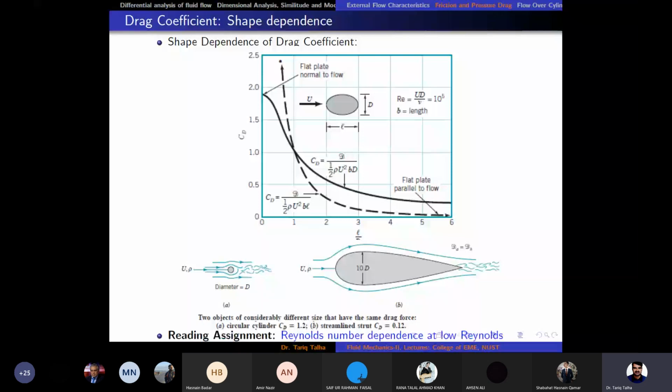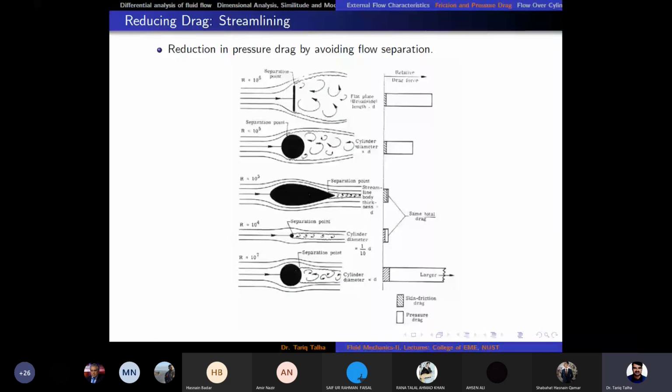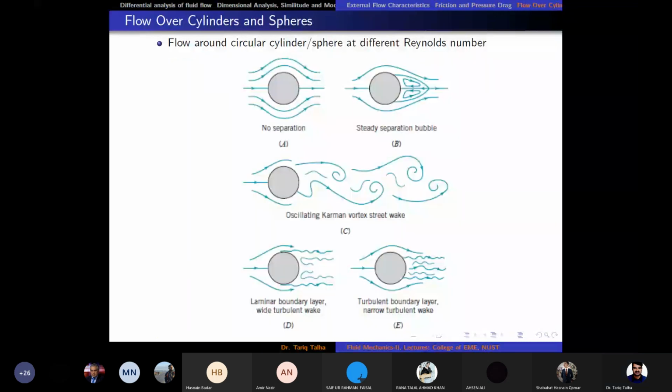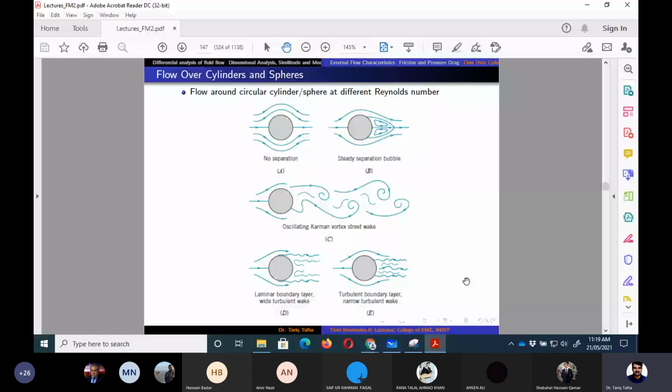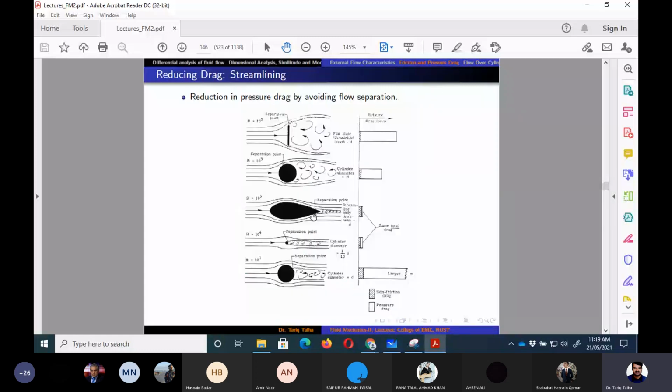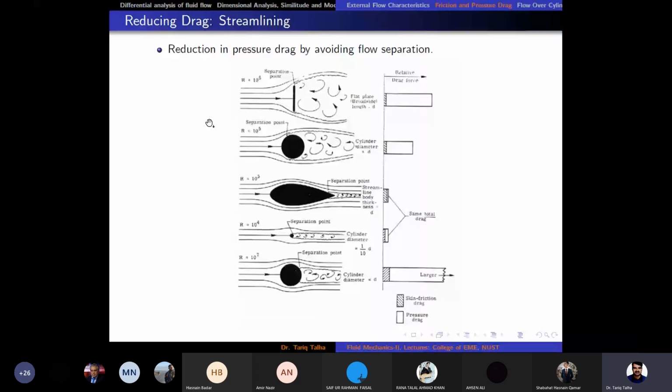So then I think from here we will talk in the next class, so maybe up till here. This is how we can reduce the drag force. As I mentioned, if we make the body streamlined, then the drag force reduces.